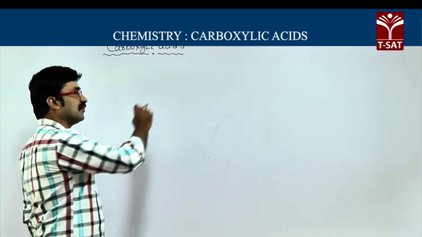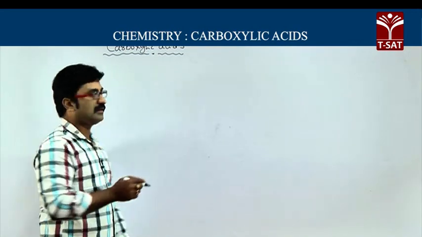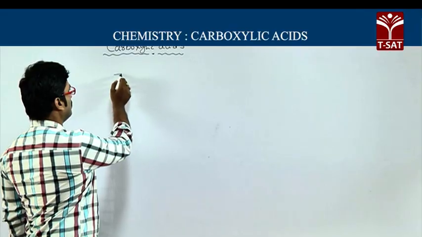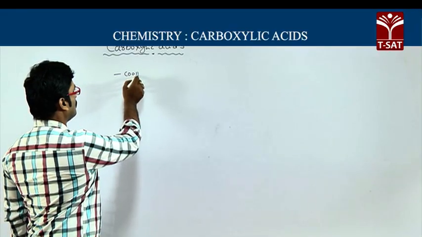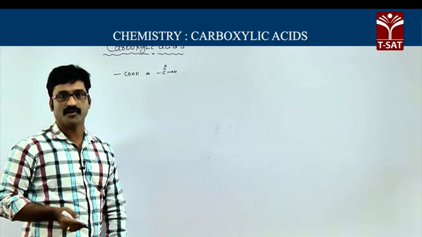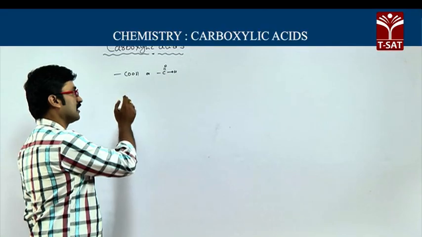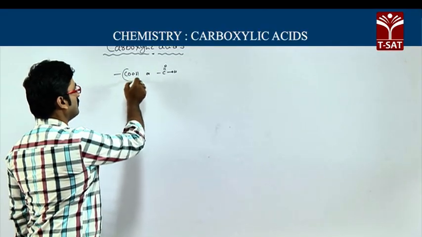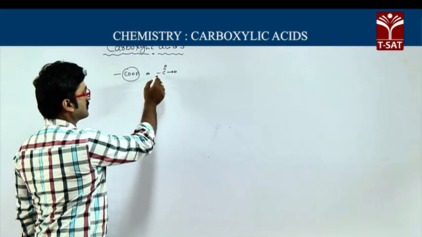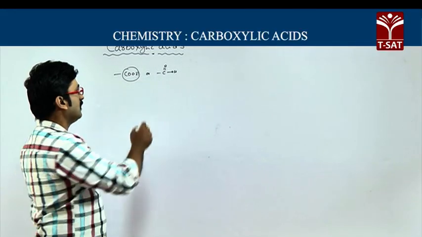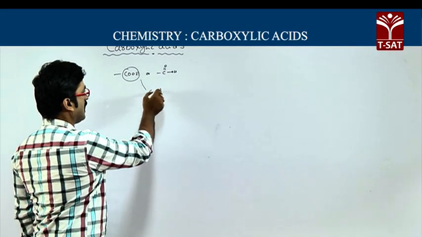Now, carboxylic acids are organic compounds which contain the COOH group. We can also write this as C double bond O, OH. Organic compounds which contain the COOH group are called carboxylic acids.